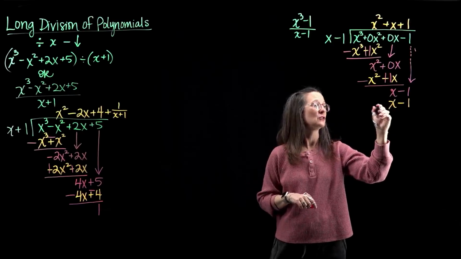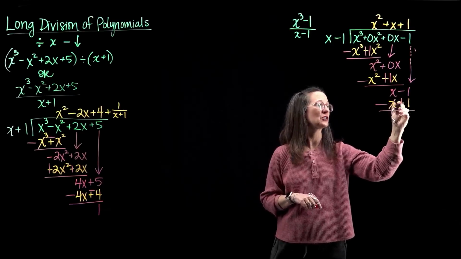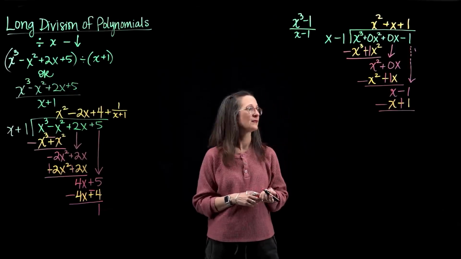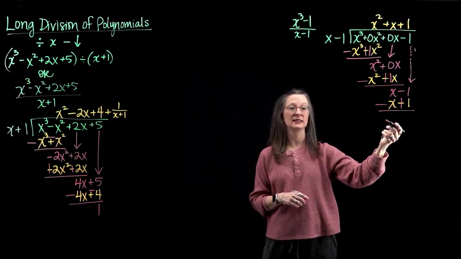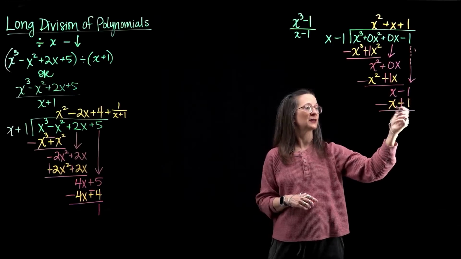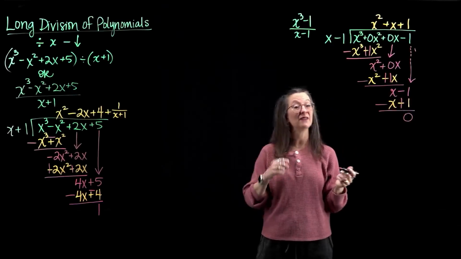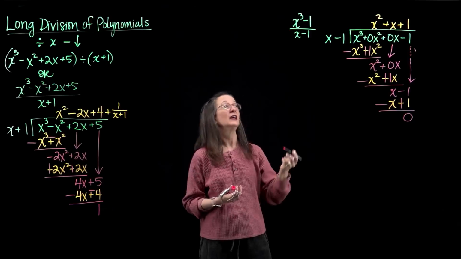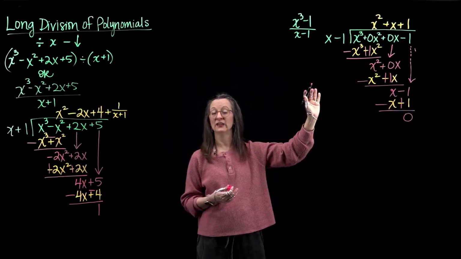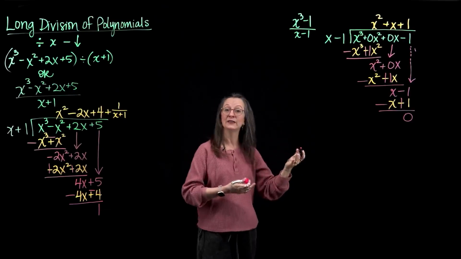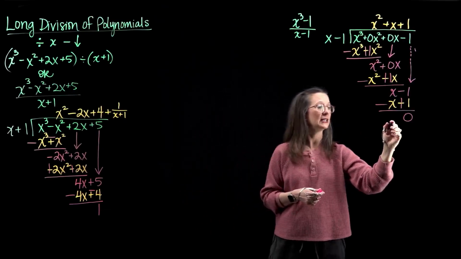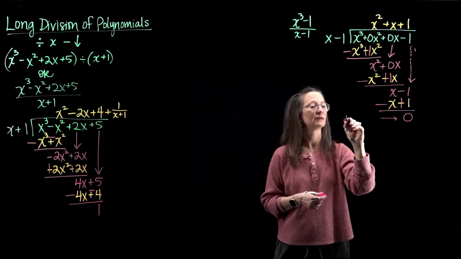Subtraction time. Draw the line, change all the signs. X minus x is 0. Negative 1 plus 1 is 0. So I have a remainder of 0. I don't have to add a fraction at the end because it divides evenly, and my remainder is 0.